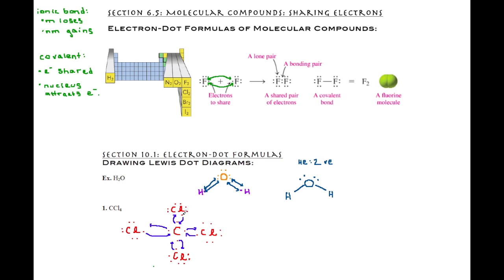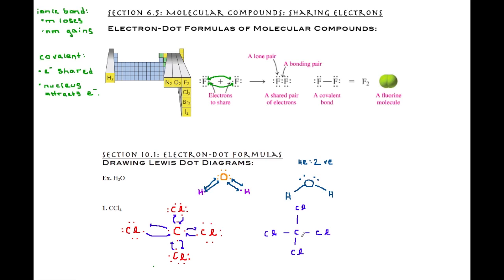Now, chlorine has these 2 electrons, so I'll represent that with a line. Chlorine with carbon, another 2 lines with chlorine and carbon sharing right here. Another line with chlorine and carbon, another line with chlorine and carbon. I'm not quite done.